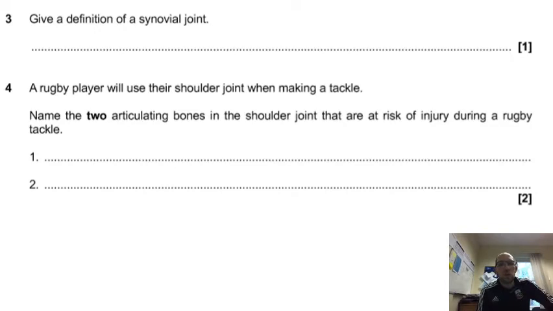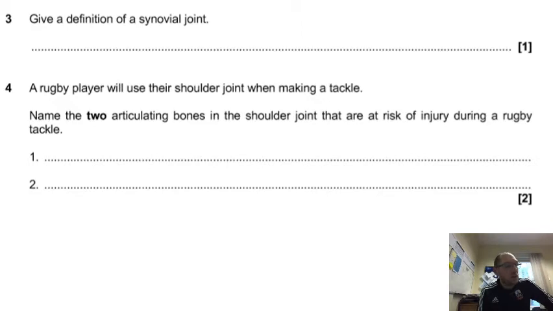So question 3, give a definition of a synovial joint. So the examiner says many candidates correctly stated that a synovial joint is a freely movable joint and/or is a joint that allows a range of movement. Some candidates stated that it is where 2 or more bones meet.